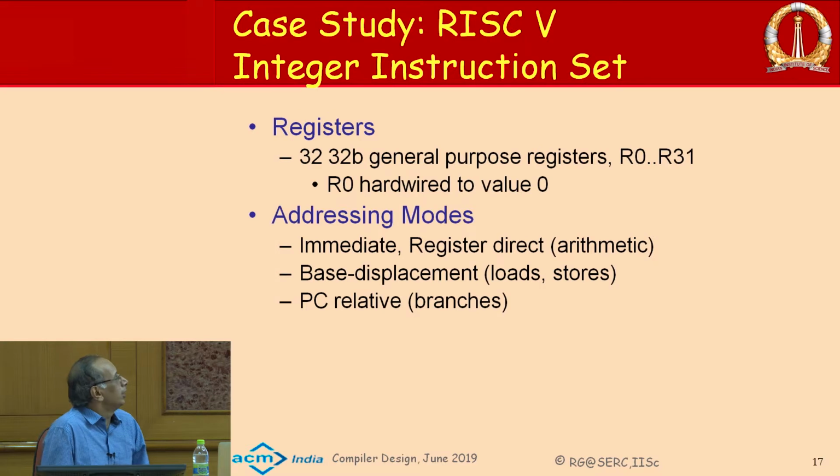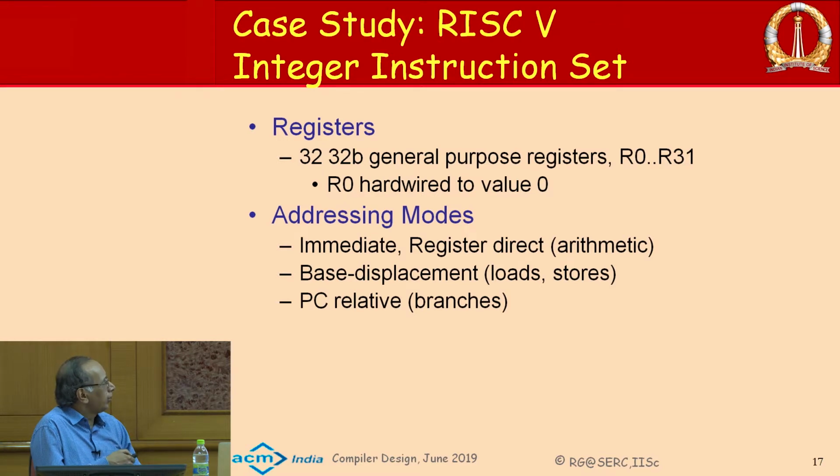Now let's look at the RISC-V instruction set architecture. Okay, RISC-V instruction set architecture, first of all, there are multiple versions of the RISC-V instruction set architecture. We are going to talk about the integer instruction set version of that. Okay, it's what is called 32i or something like that.